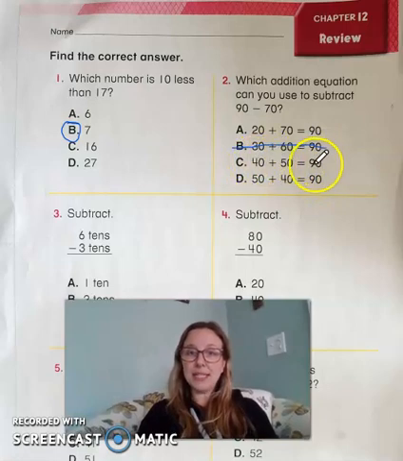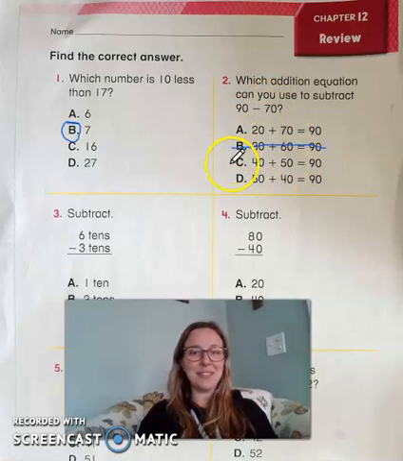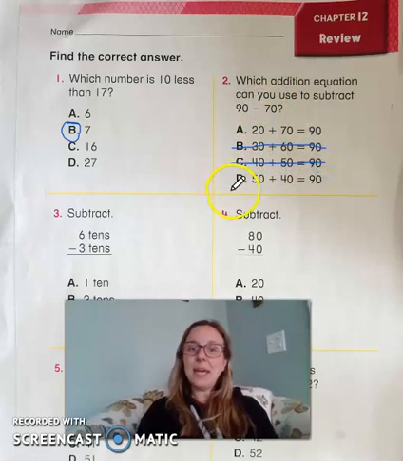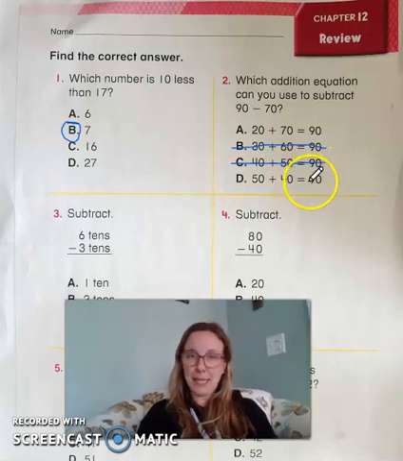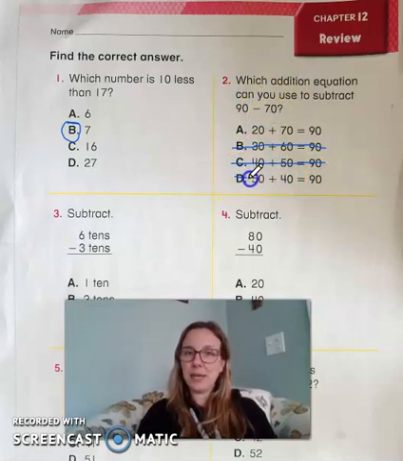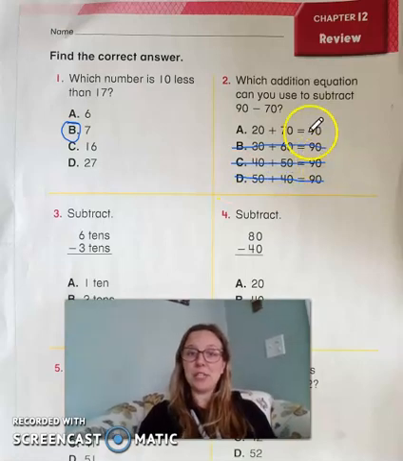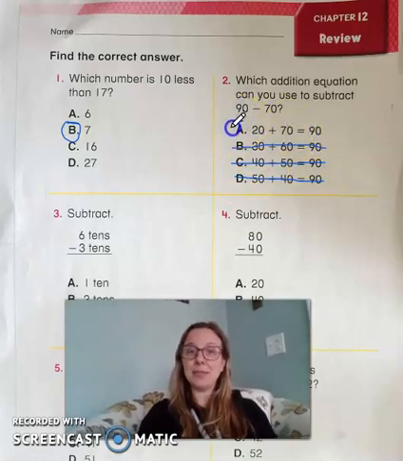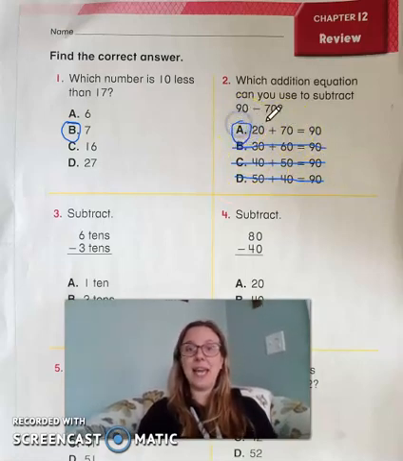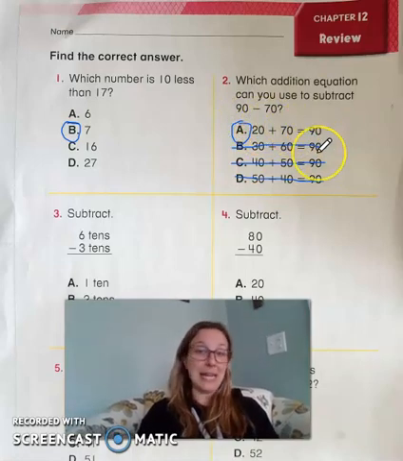Looking at C, I see a 90, a 50, and a 40, but I don't see that 70, so it can't be C. And for D, I have a 90, but I have a 40 and a 50. I don't see that 70, so it also can't be D. So without even having to work out the equation, I can tell that the only possible option here is A. 20 plus 70 equals 90.